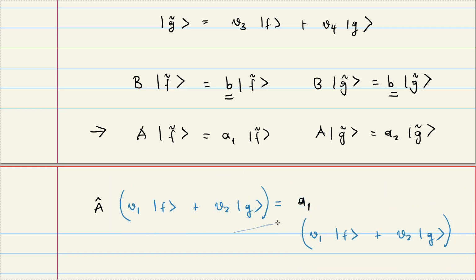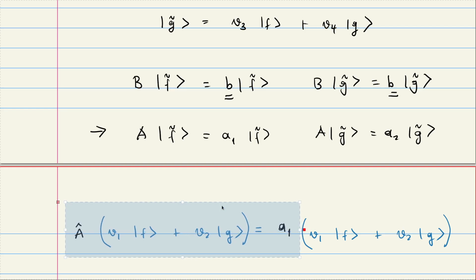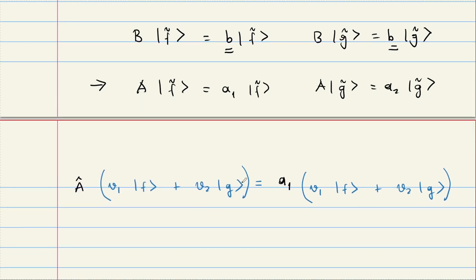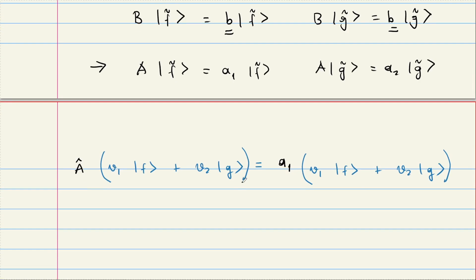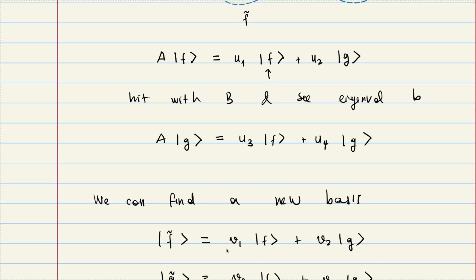Let me open up some space. There are two terms here. V1 is a number, A times F. Here, V2 is a number, A times G. But I defined what A times F is here; I called it U1, something like that.